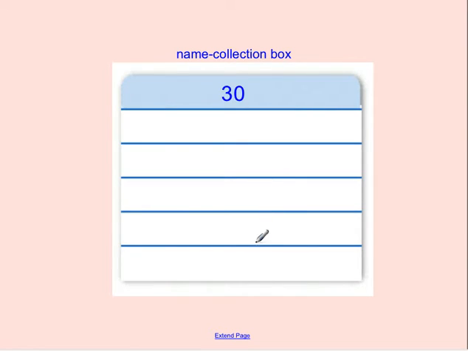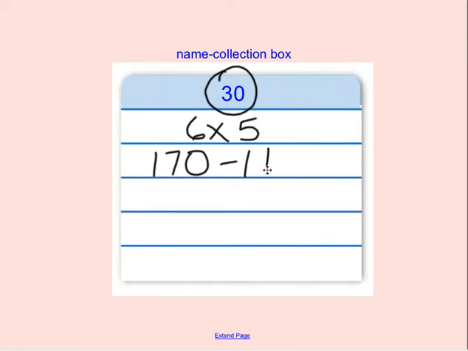So I'm going to have you pause your video and create some names for 30 and then check back to see if you have some of the same ones that I have. So 6 times 5 is 30. 170 subtract 140 is 30.